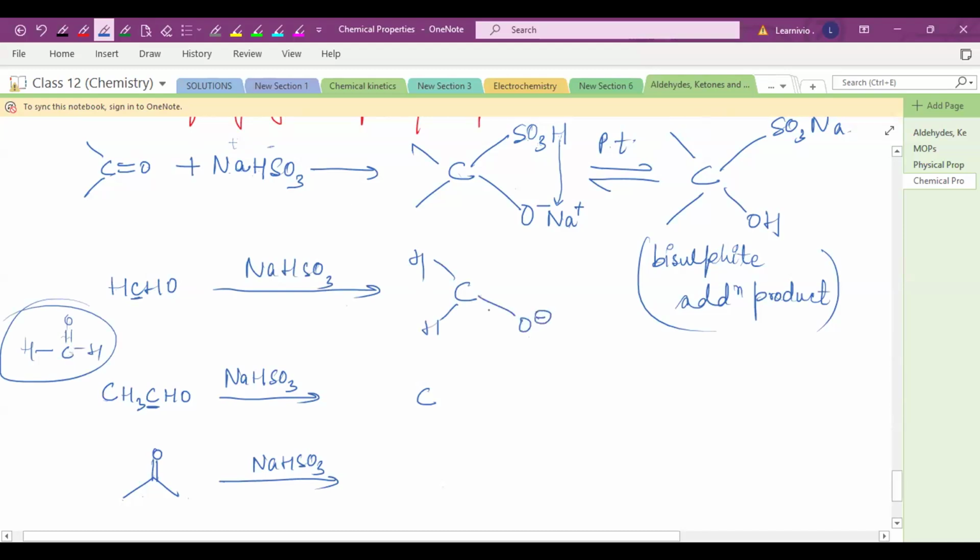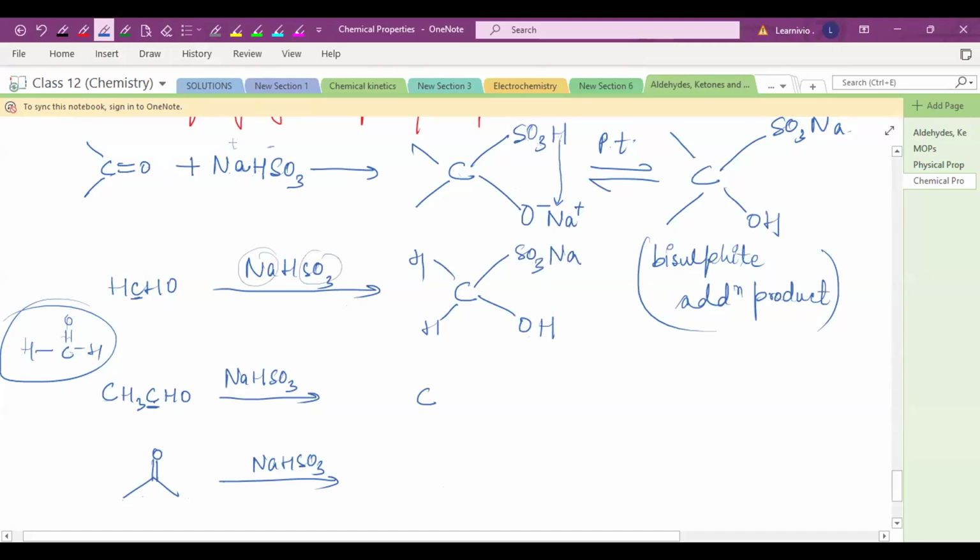Okay, O minus, and here first the Na will get attached, but आपको final product लिखना है. So what you are supposed to do to this oxygen, just attach the hydrogen. And this Na and SO3 just attach here, and it will give you a bisulfite addition.